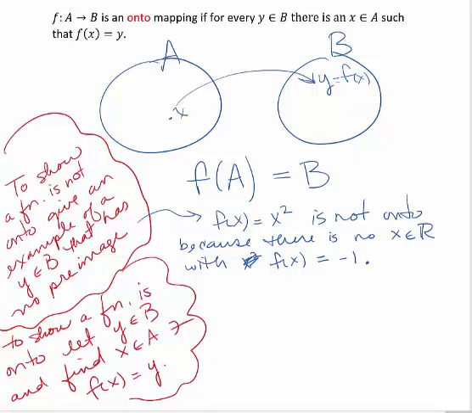None of the negative real numbers have pre-images, so f of R is not all of R.